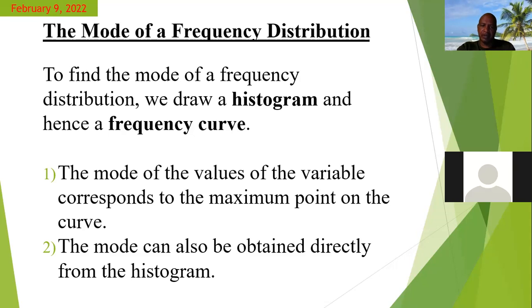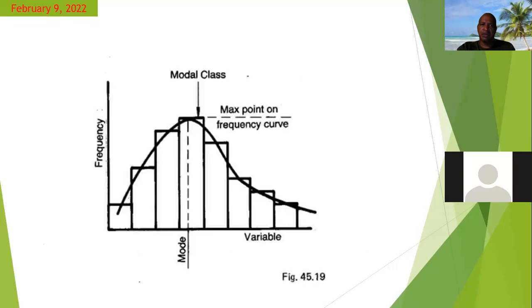If we are using the histogram to find the mode, then we'll have to determine where the mode lines up by looking at the highest rectangle. But before we get to that, let us look at this diagram. This diagram here, we have a frequency curve or a frequency polygon, which is what you do, you just find the midpoint of each of these rectangles at the top and connect the dots with these lines.